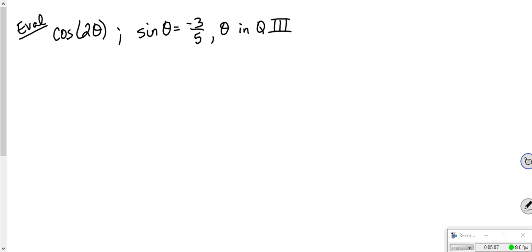Okay, so we're back to using double angle formulas, but they give us sine theta.